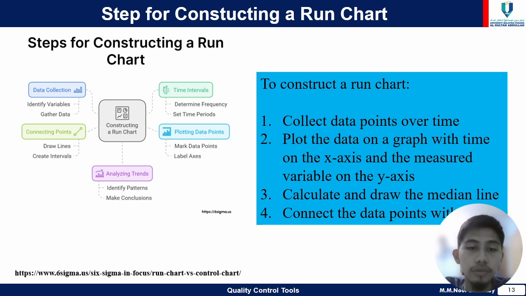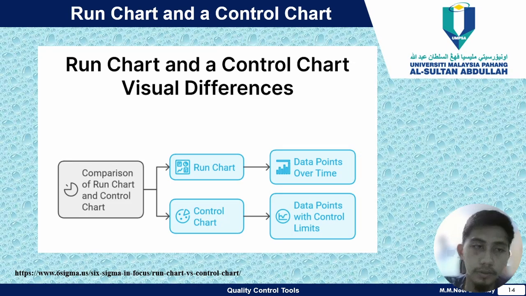Then we plot the data on a graph with time on the x-axis and the measured variable on the y-axis. Then we calculate and draw the median line, and then connect the data points.